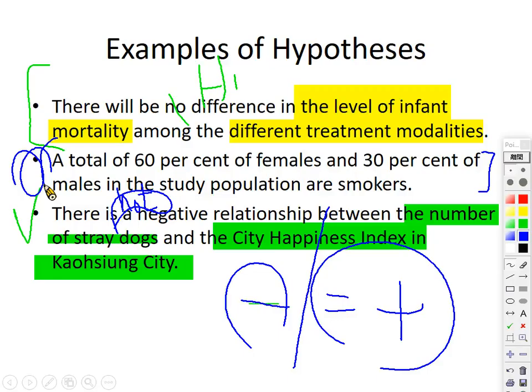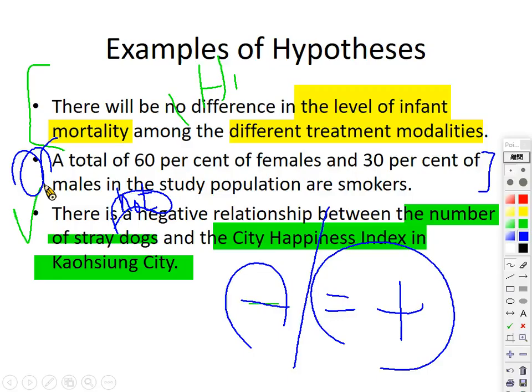This is the research hypothesis. I want you to go home. If you like, you can talk to your friends. What does it mean? What is the alternate hypothesis for this one? Tell me, because I'm going to put this in one of the test questions for next week.